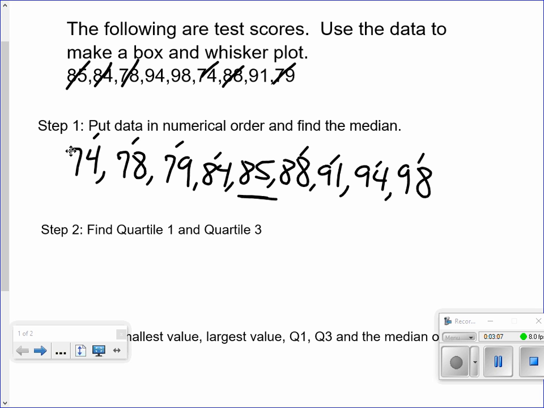We found the median, which is the halfway point, right? Quartile 1 is the median of the first half. So knowing that, what do you think quartile 3 is? The median of the second half. So Q3 is the median of the second half.